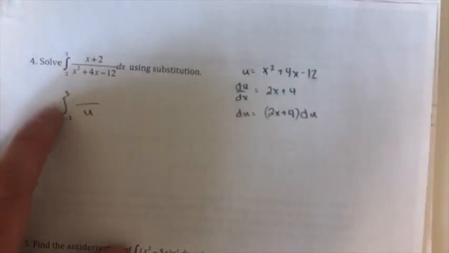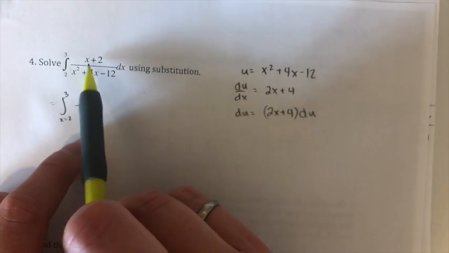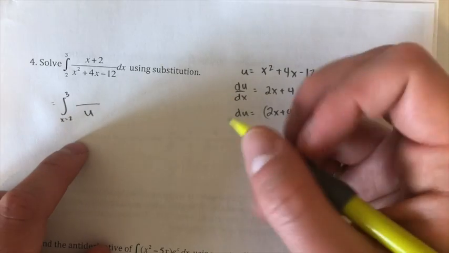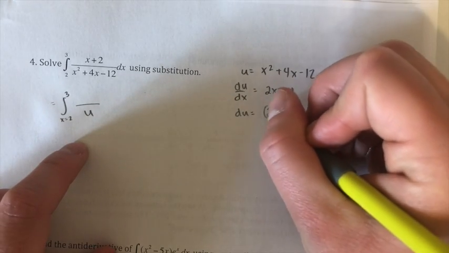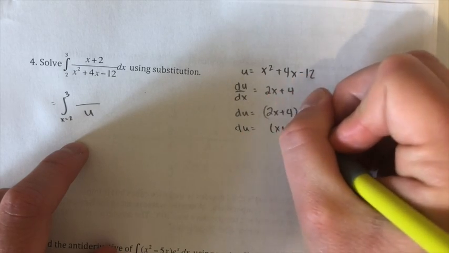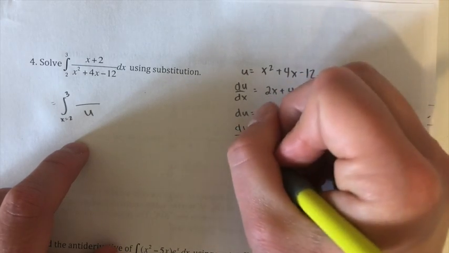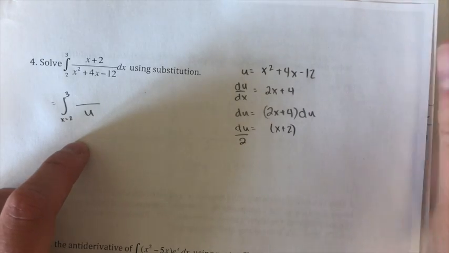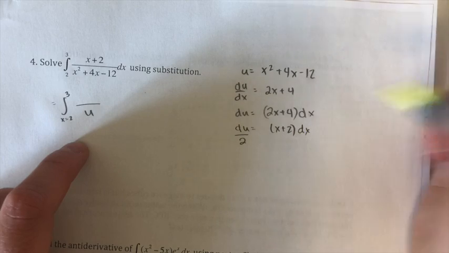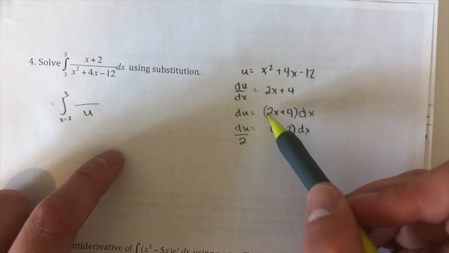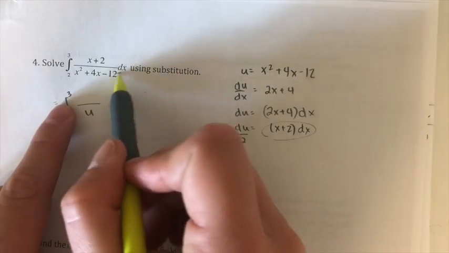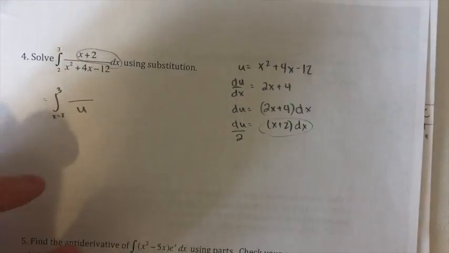So I've got u on the bottom. And then notice how I've got x plus 2, but over here I've got 2x plus 4. So if I factor out a 2, then I'm going to have du is equal to 2 times x plus 2 dx. Oops, this should be a dx, my bad. So that 2 comes out, we divide it out onto the other side, and then this is what we want to replace.